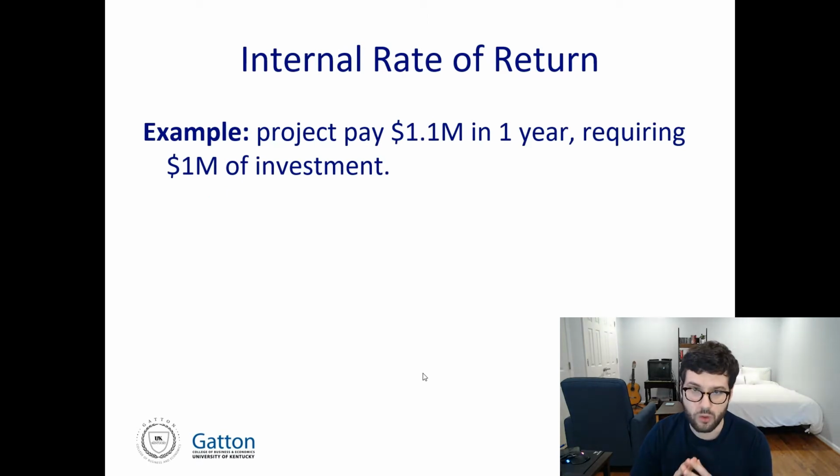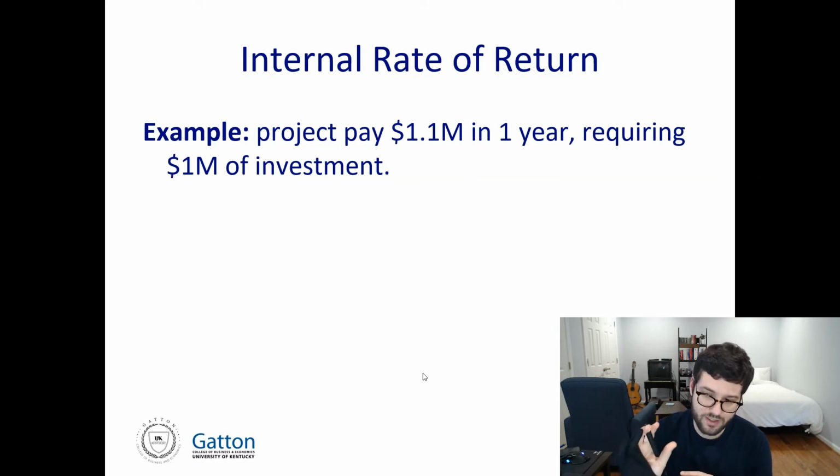Okay, so how can we calculate the internal rate of return, which is really the question that you are mostly interested in? It's very simple. Let's say that we have a project that pays $1.1 million in 1 year, and this is going to require an investment of $1 million. Notice that here the discount rate is not given, and this is intentional.